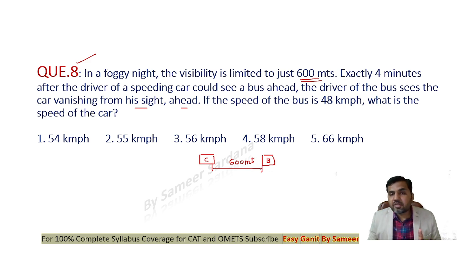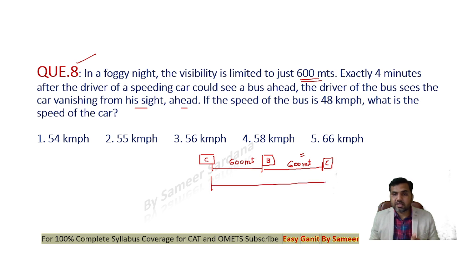And the moment the bus driver spots the car, that also has to be 600 meters. Now, the car is 600 meters behind the bus at first, but then it is 600 meters ahead of the bus, and this total process happens in 4 minutes.